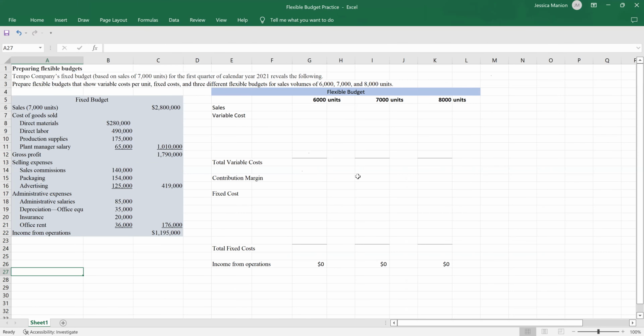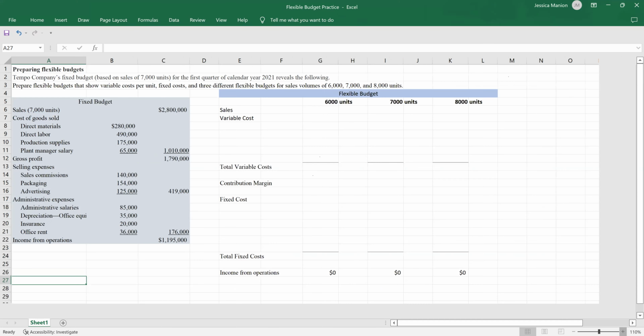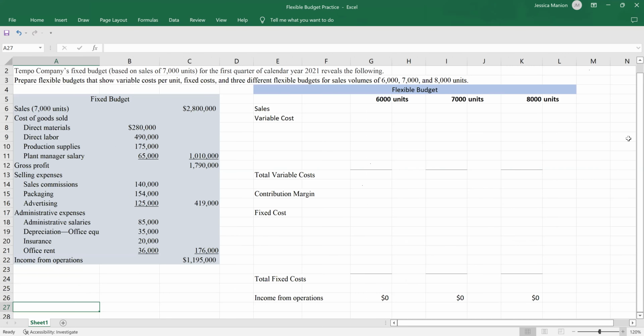Once we finish with this, I will post this Excel file into Brightspace as well, so you guys have access to it also. Again, you can see here we're getting practice with the flexible budget. The first step with this flexible budget is to determine which costs are variable and which costs are fixed.